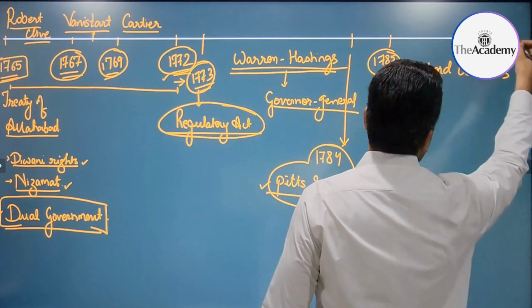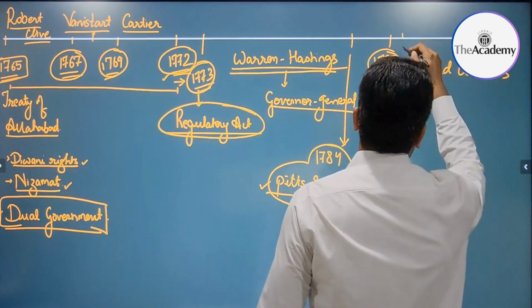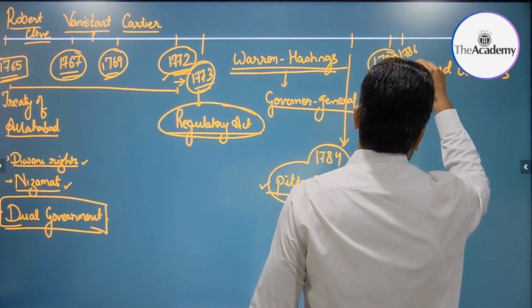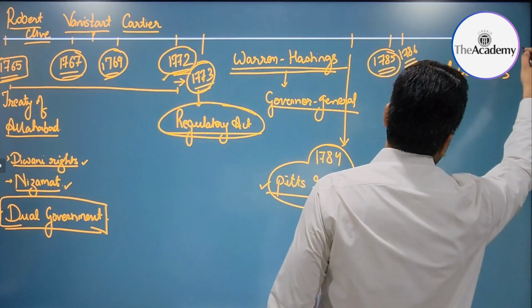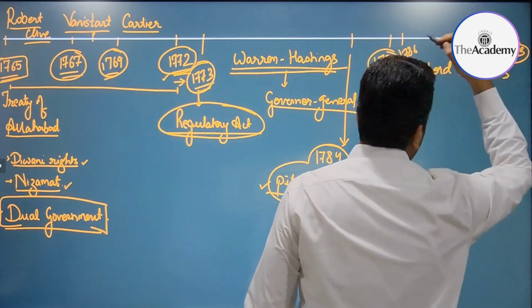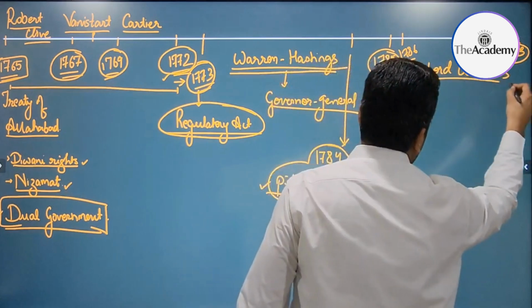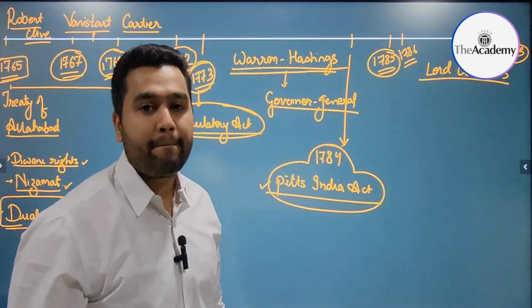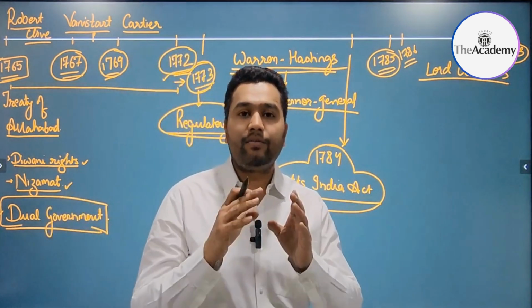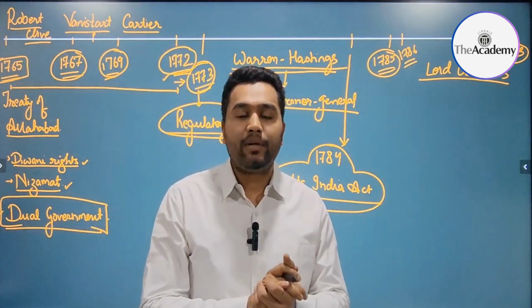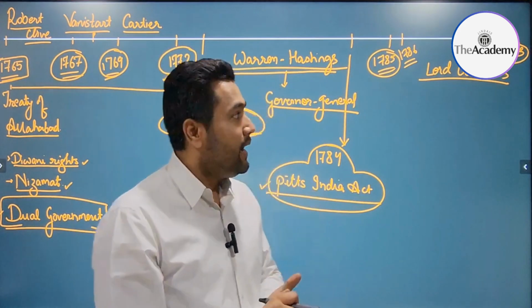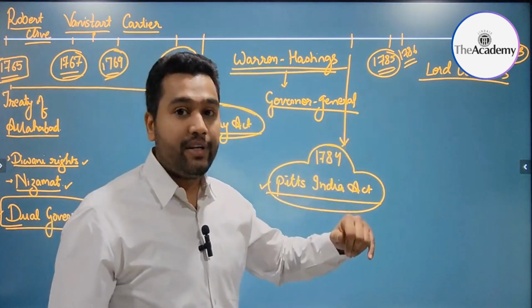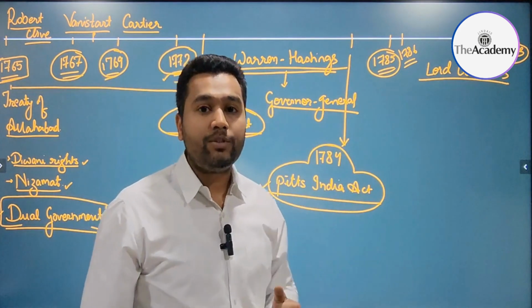Lord Cornwallis, from 1786 up till 1793. Very, very important Governor General. In fact, when Lord Cornwallis became the Governor General, he introduced various judicial reforms.